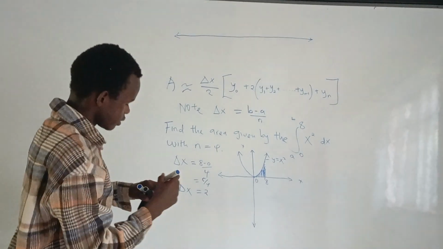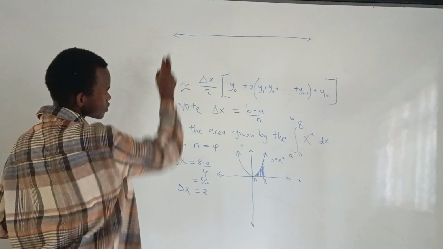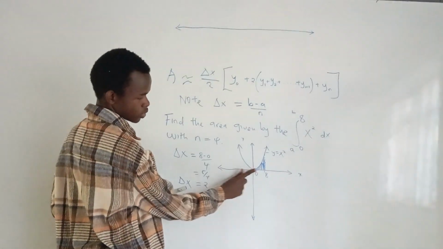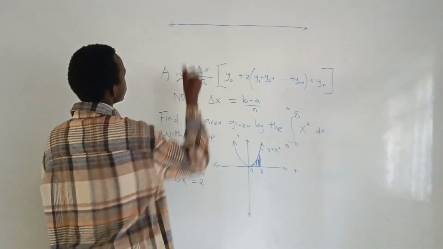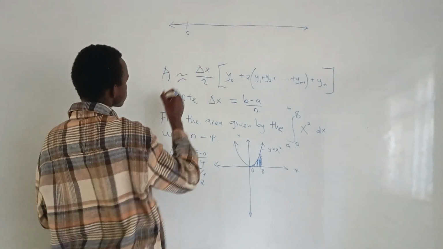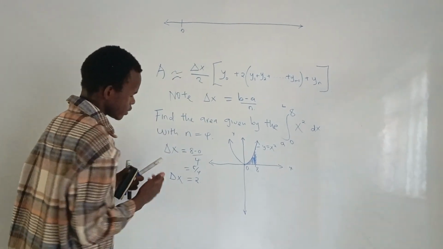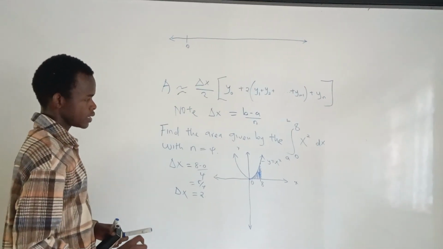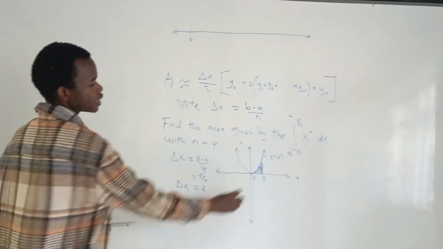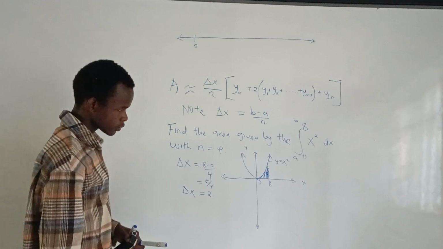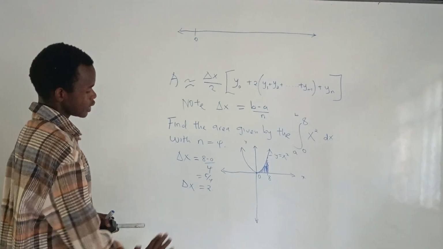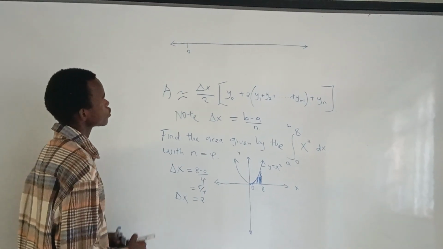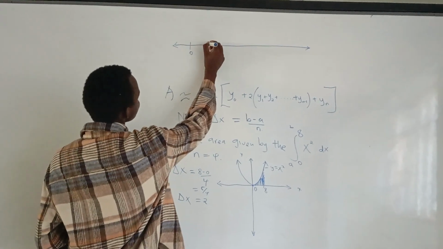This is not even a number line, this is just the x-axis from 0 up to 8. The delta x is the interval of the trapeziums inside this region. The first trapezium, the first interval, is 2. So from 0 we'll go to 2.